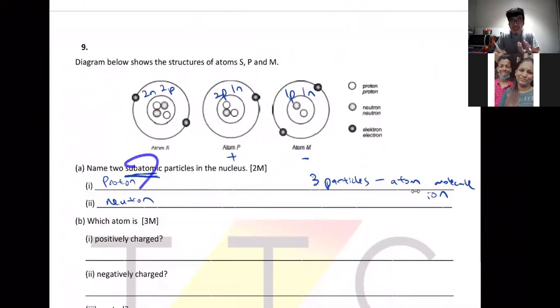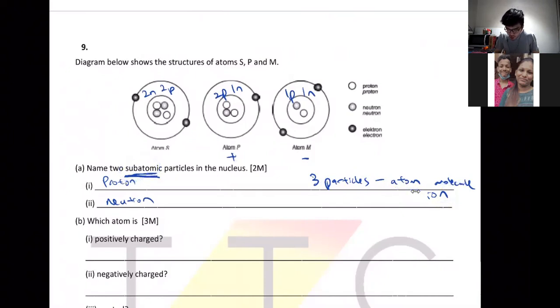Subatomic means inside the atom. Particle means the whole thing. The whole thing, you have atom, molecule, and ion. Inside, you have proton, neutron, electron. Very different. Many students will confuse. I have seen many students in exams confuse subatomic with atom, molecule, and ion.